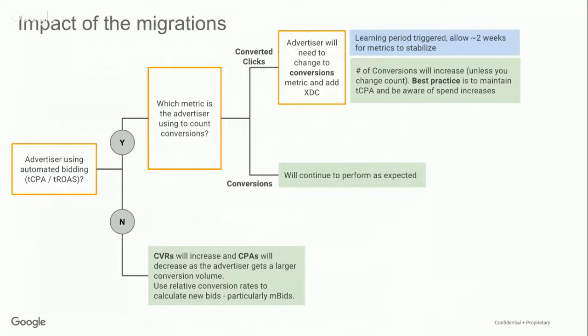Once this change is done, we recommend that you allow the campaigns to stabilize for about 2 weeks to take into account any change that will happen to your campaigns. After the 2 weeks is done, review your campaign performance. How many more conversions are you getting, or how much cheaper are your CPAs?